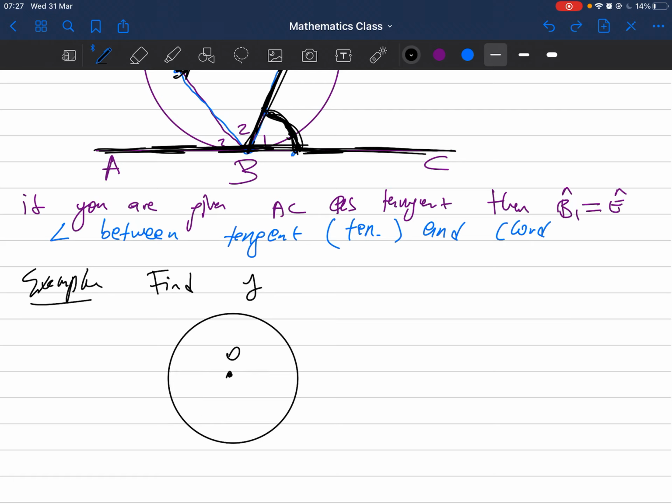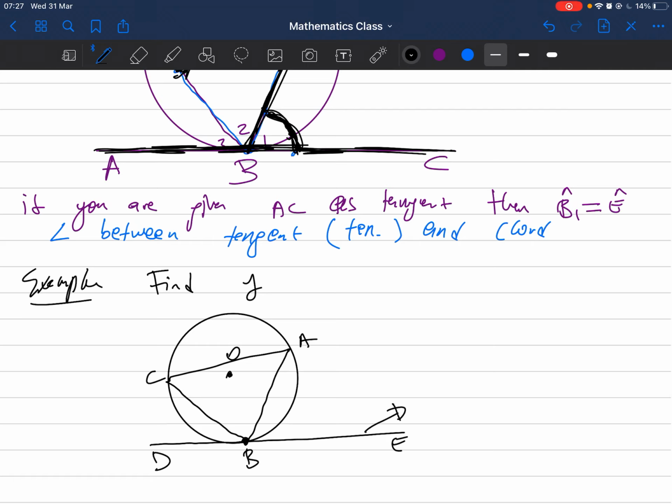Let me just first write your tangent, which is going to make things a little bit better. This is B, this is A, this is C, this is D, this is E. Okay, this is what you're given, right? That's what literally you are given.